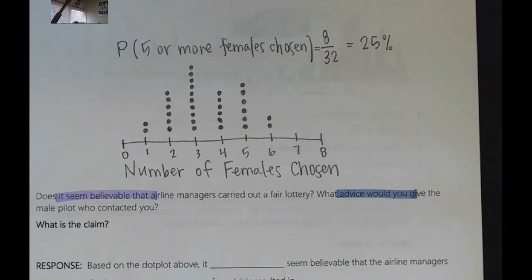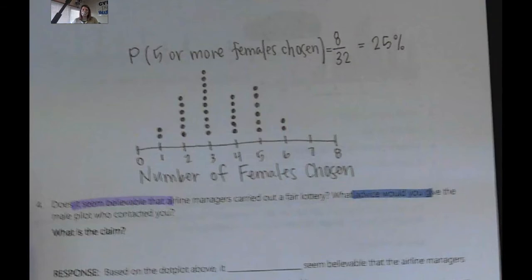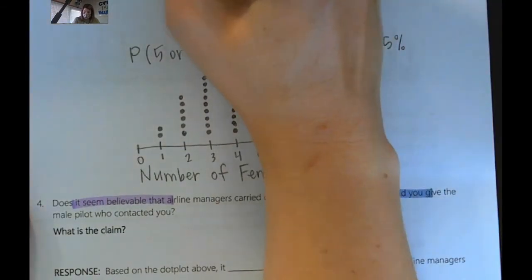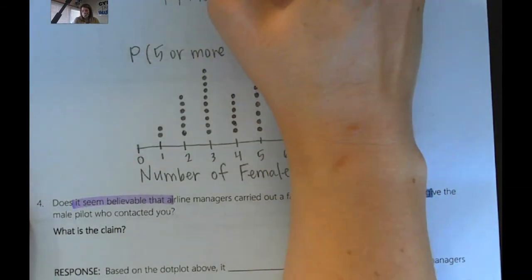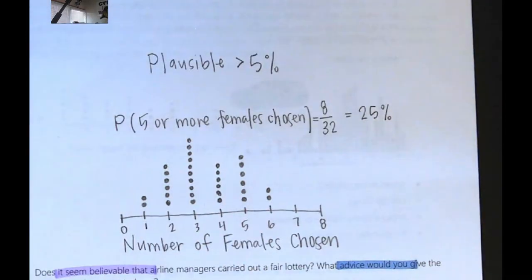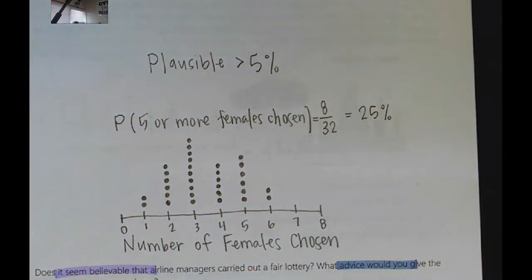So the question then is, is this plausible or believable or possible? So in statistics, if you're talking about the word plausible, your benchmark is 5%. You will have data, you will have observations, or you will have trials, and you will be able to count up the number of dots that are the same as what the claim is, or the results of the experiment you're doing.